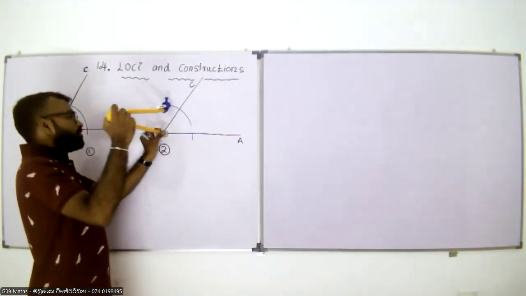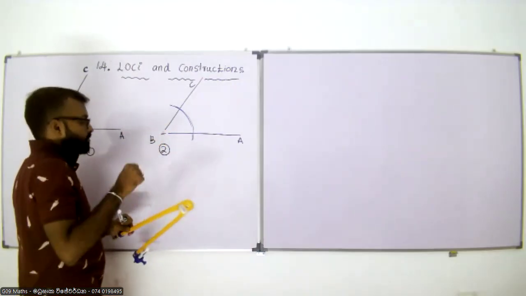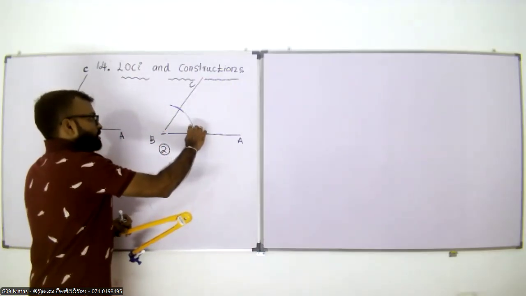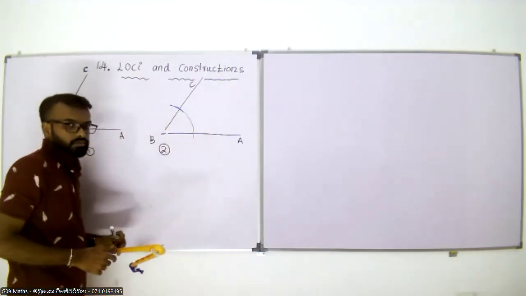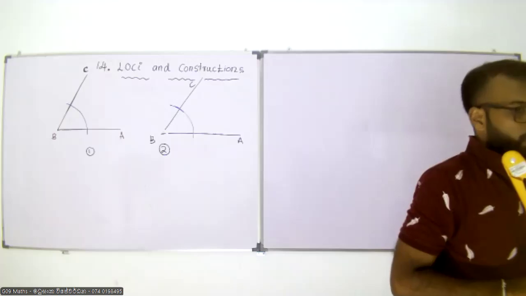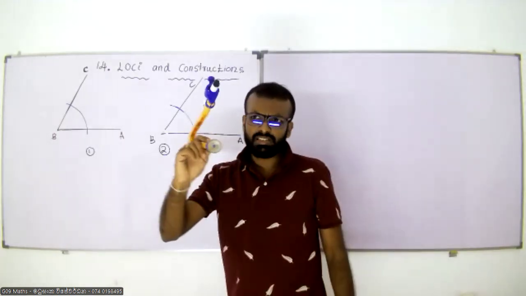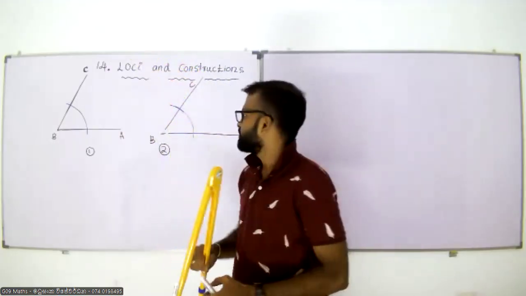Draw an arc which intersects both arms like this. Now don't change the distance. Keep the same distance.